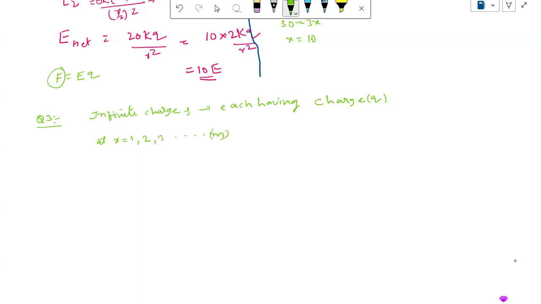Okay, now 2, 4, 8 and so on. So these are the distances. First charge is at x equal to 1 meter, second one 2 meters, 4 meters, like that.